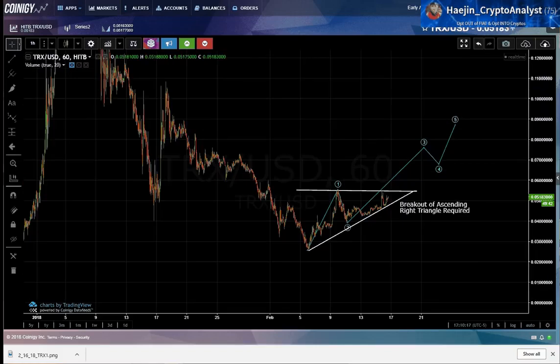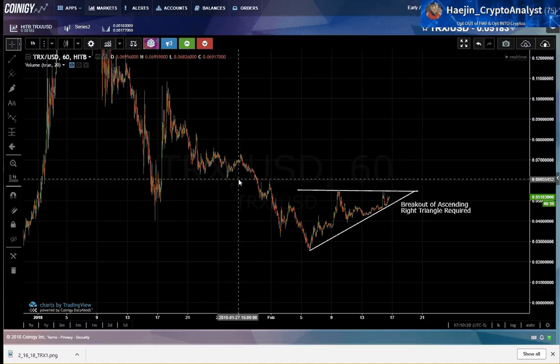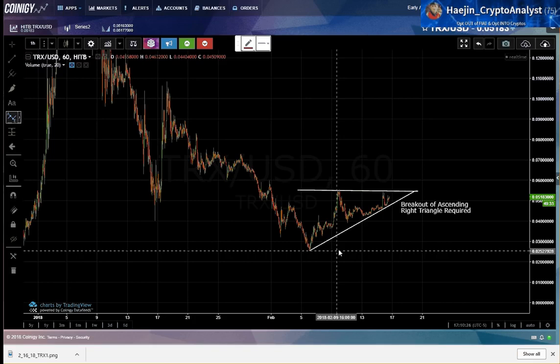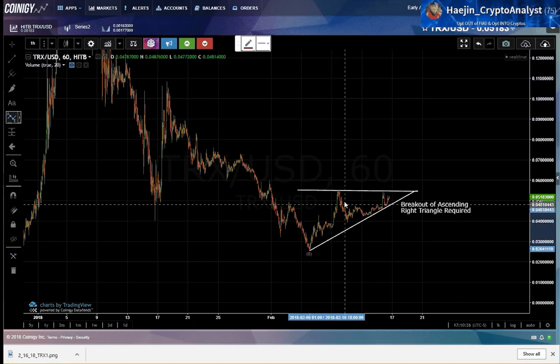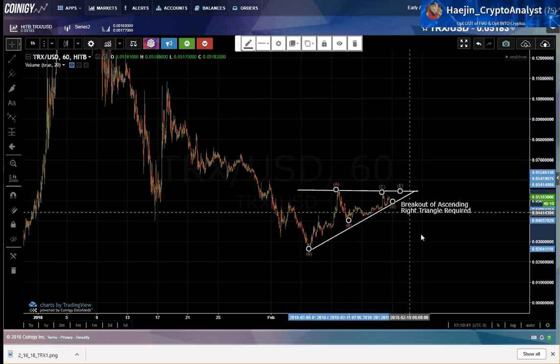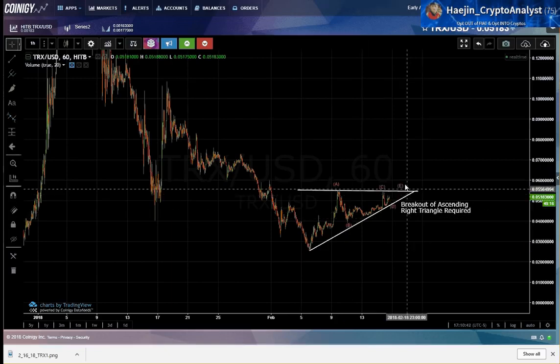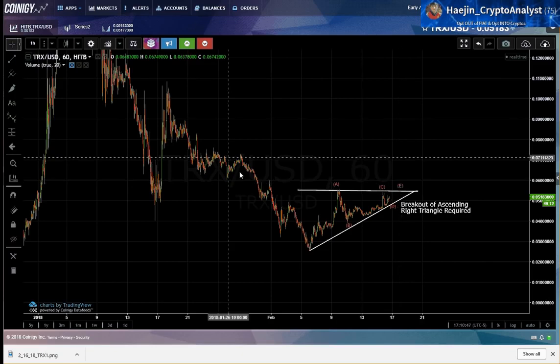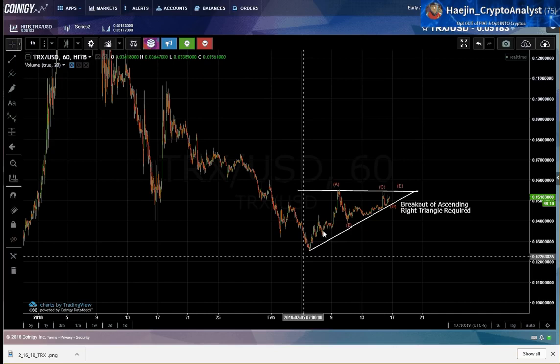The other count, I believe, which could be maybe more fitting, since it is inside of a triangle, however, the E is on the upper line of the triangle because this was a down, and the first rise is A, B, C, D, E. So what does that mean?